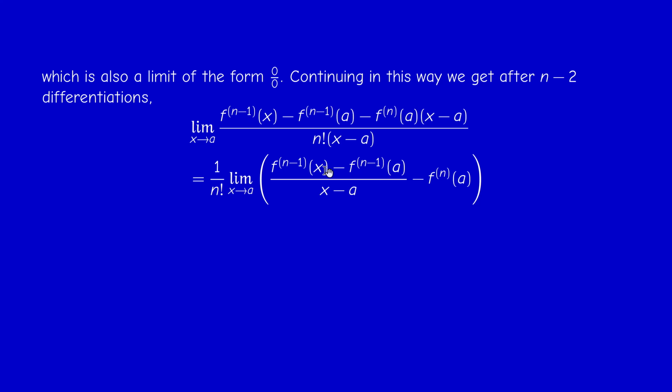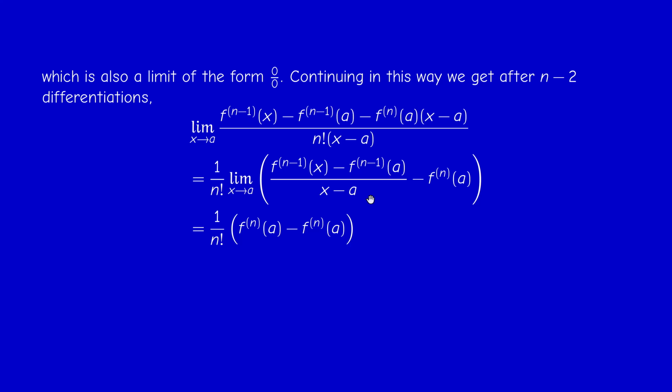Now we are almost done. The limit of this fraction here is just f^(n)(a), because f^(n)(a) is the derivative of f^(n-1). So I get f^(n)(a) minus f^(n)(a), and this is 0, and that's it. I don't need more than existence of f^(n) at a.